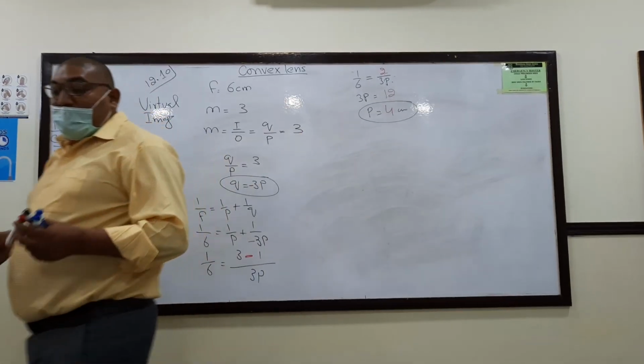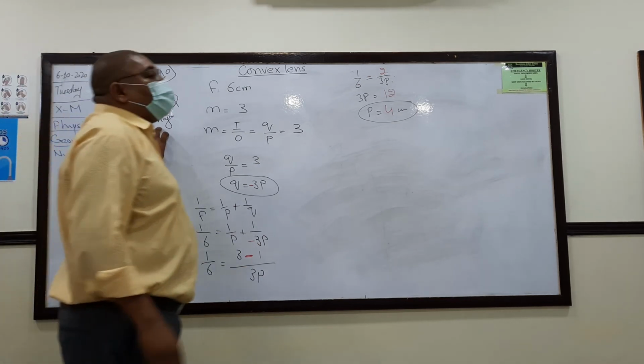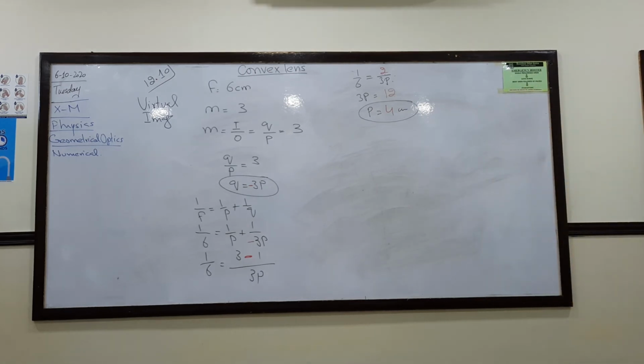You see, if you miss a single word, for example, when I did this question, I missed that word virtual image. If the image formed by the lens is a virtual image, the Q value should be taken as negative. Okay, this is the main concept which you should remember.